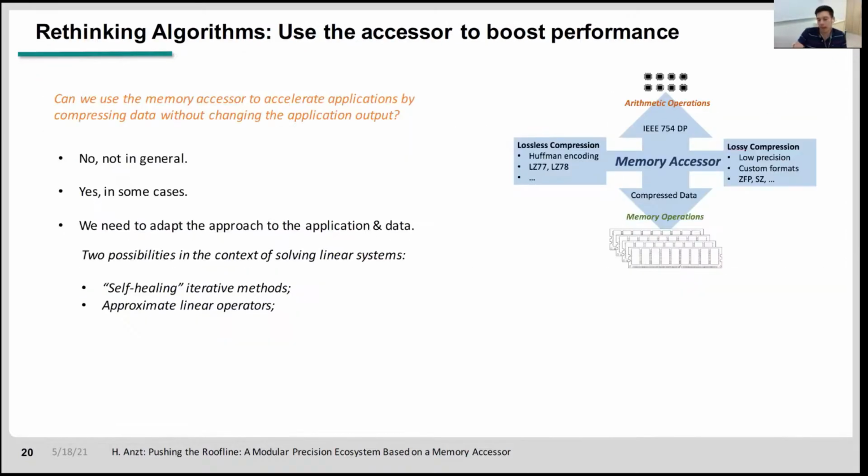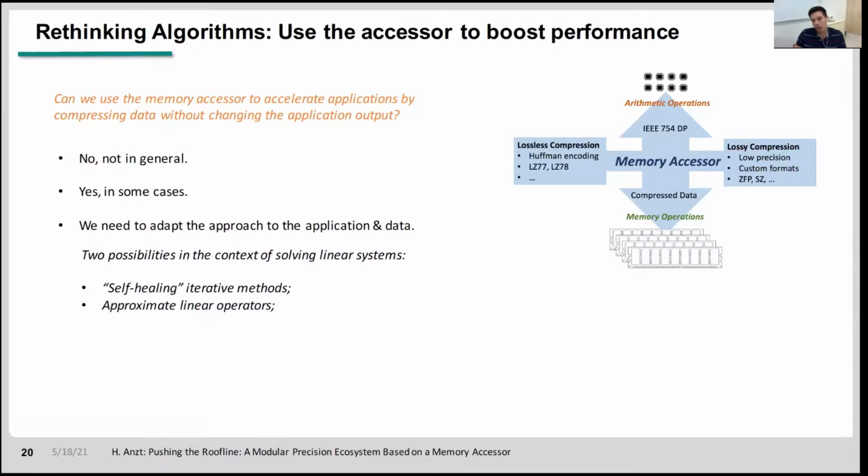Now let's look at the second use case, and that is maybe even more interesting. So the idea here is we have an algorithm that uses high precision, for example, double precision. And we now want to accelerate this algorithm by using the memory accessor for some parts of the algorithm. But of course, we have to understand that this usually has impact on the final accuracy.